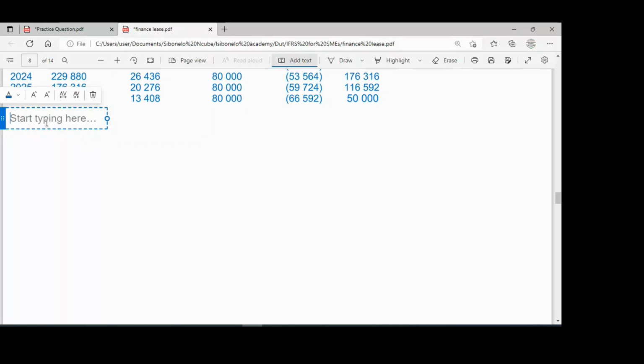So this is the income statement ka Dream T Limited.